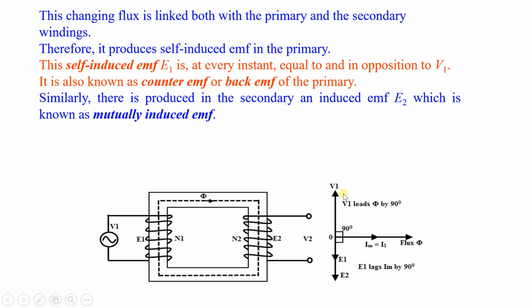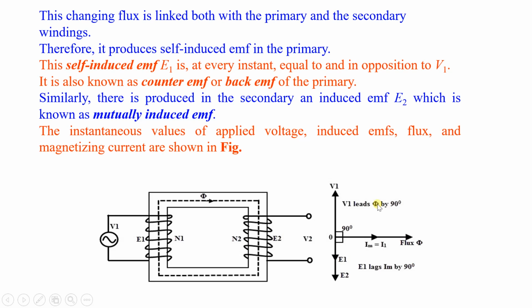Here V1 leads phi by 90 degrees. This is the flux. The instantaneous values of applied voltage, induced EMF, flux and magnetizing current are shown in the figure. All the values considered here, V1, E1, N1, N2, E2, V2, are shown in this diagram.